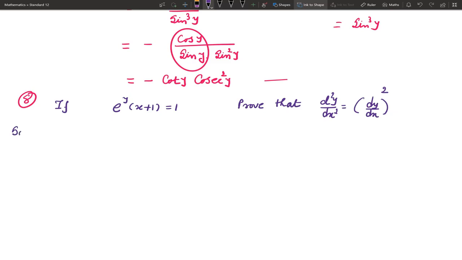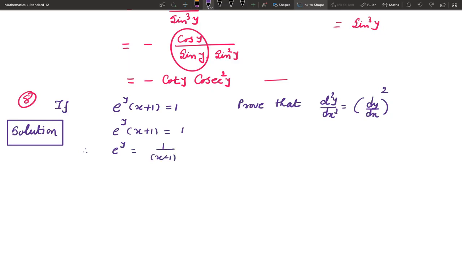Solution. e raised to y into (x plus 1) equal to 1. You can differentiate directly, or the same can be written as e raised to y equal to 1 upon (x plus 1).